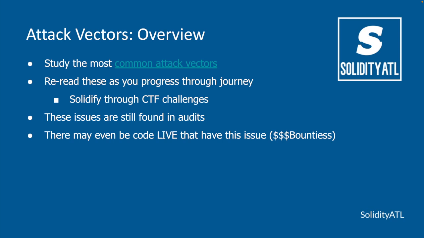Access control was one of them. Yep, access control is one of them. And then another one was unchecked math, and we were talking about underflow and overflow specifically last time.